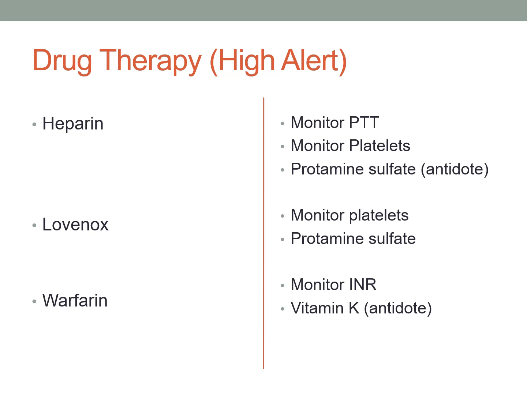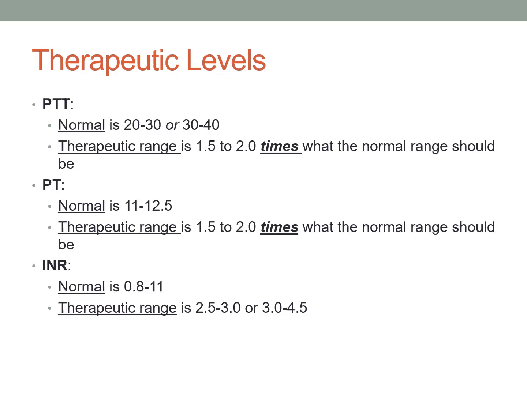Limit those dark green leafy vegetables like your kale, your collards, your broccoli, your mustard greens, because they're higher in vitamin K. Okay? Nutrition fact. And there's your therapeutic levels that I was talking about, the PTT, PT, and INR.